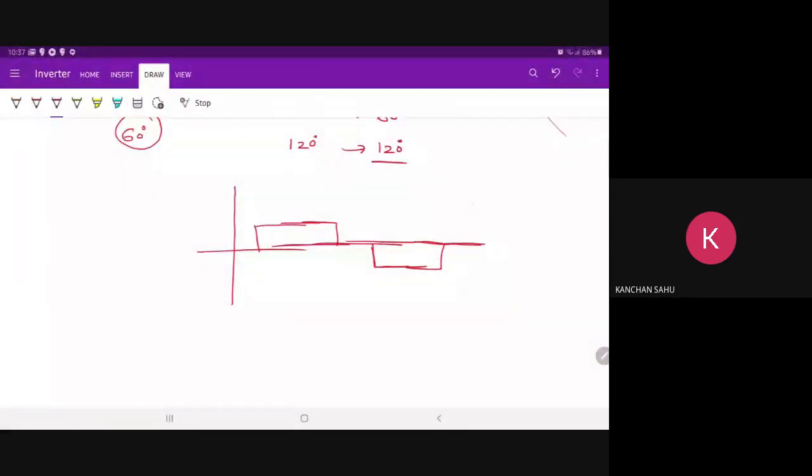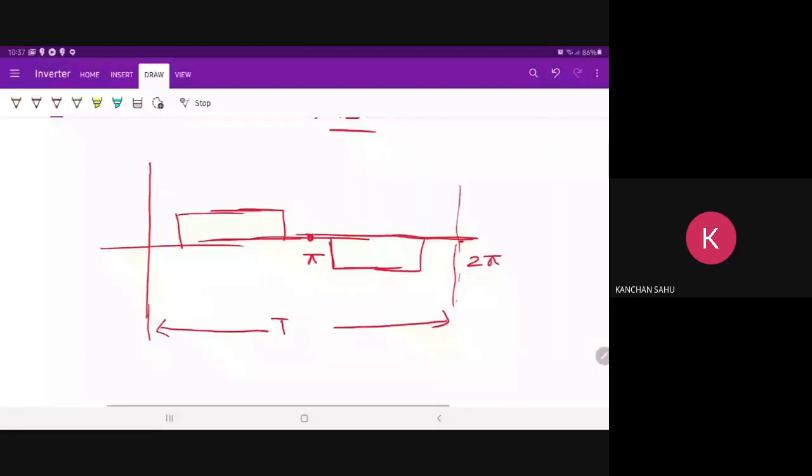So if you assume this is one cycle, somewhere you have this pi, and this is 2 pi. So what is this angle? This corresponds to pi by 6.